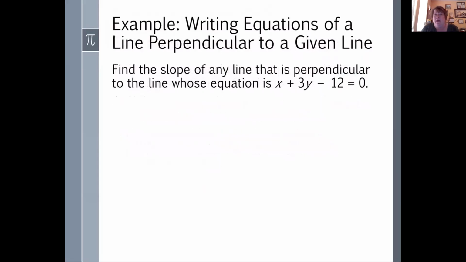Okay, so let's find the slope of any line that's perpendicular to the line whose equation is x plus 3y minus 12. So what we must do to find the slope of a line perpendicular to this line that's given is find the slope of the line that's given. So we're going to put that in slope-intercept form.